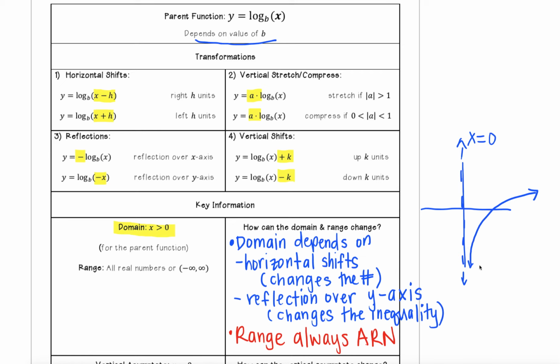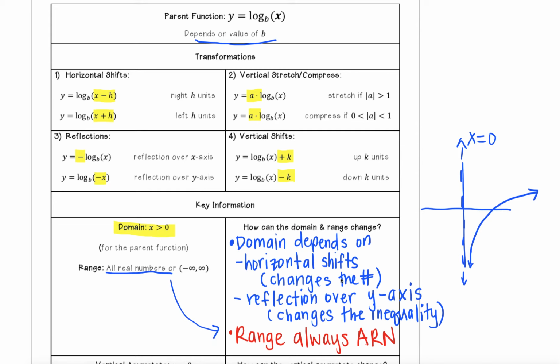So our domain starts off with x being strictly greater than 0, and our range is starting off with all real numbers. Now the nice one here is the range. No matter what transformations I do, if I started off with a range of all real numbers, no matter what I do to stretch, flip this, shift it left, right, up, or down, or do any reflections, our range will still stay as all real numbers because it started off as all real numbers.